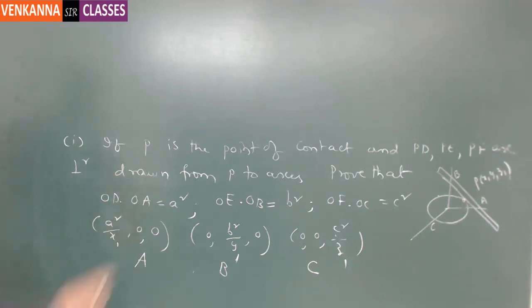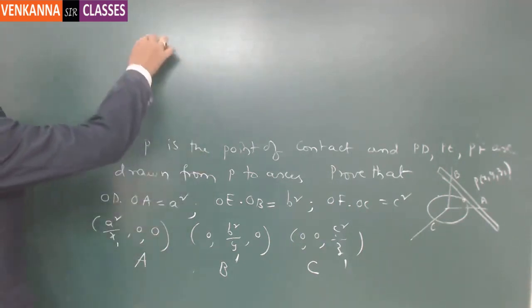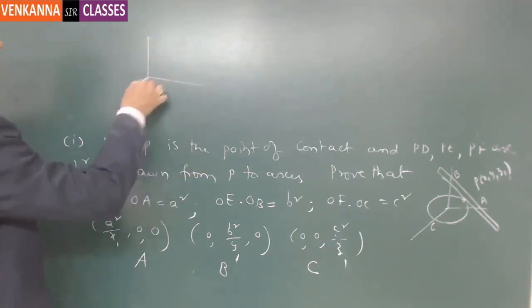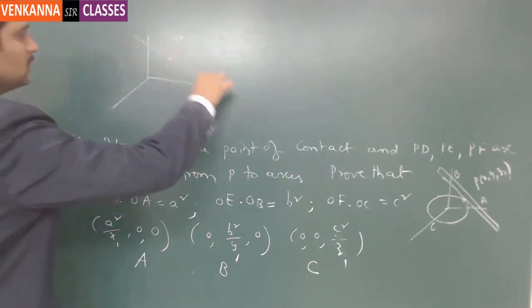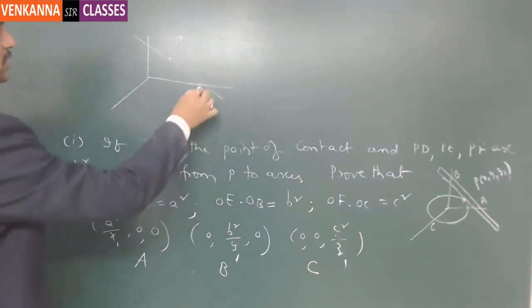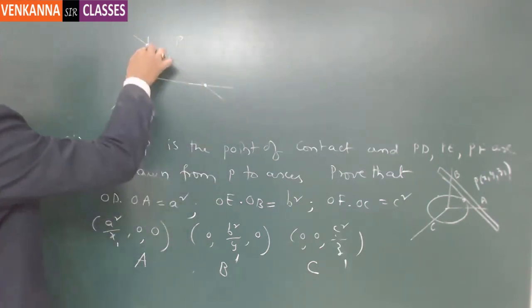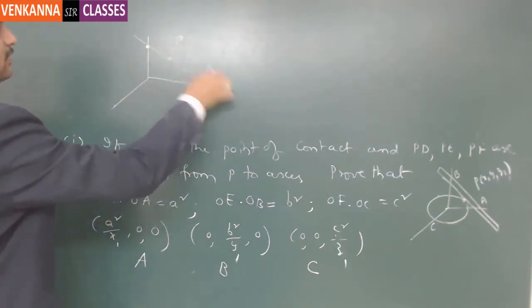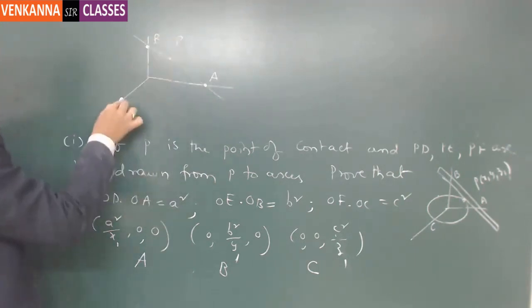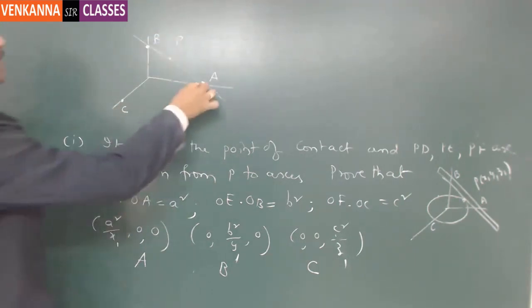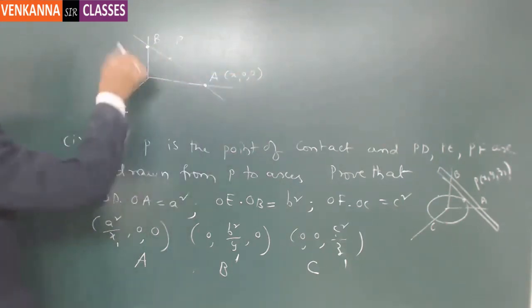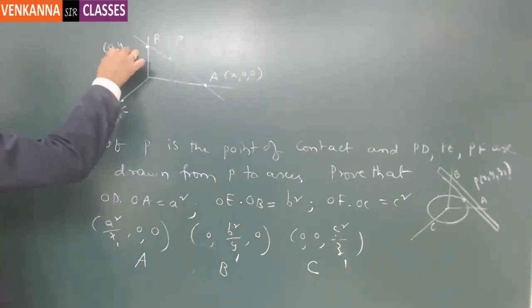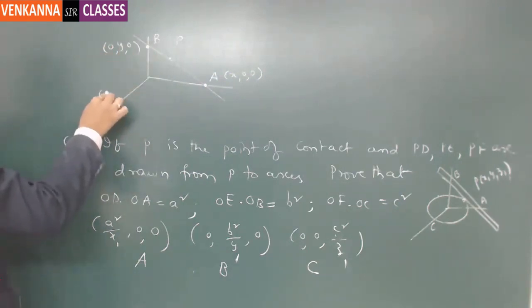So for a small visualization, let us take that. This is the point P. This is the tangent plane you got. This is A, this is B, this is C. The coordinates of A are nothing but x, 0, 0. The coordinates of B are nothing but 0, y, 0. C are nothing but 0, 0, z.